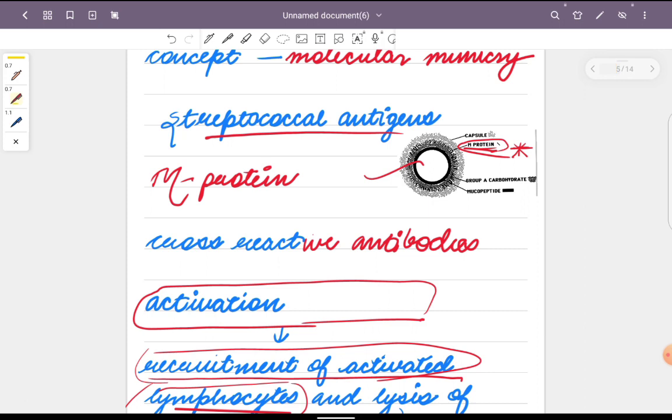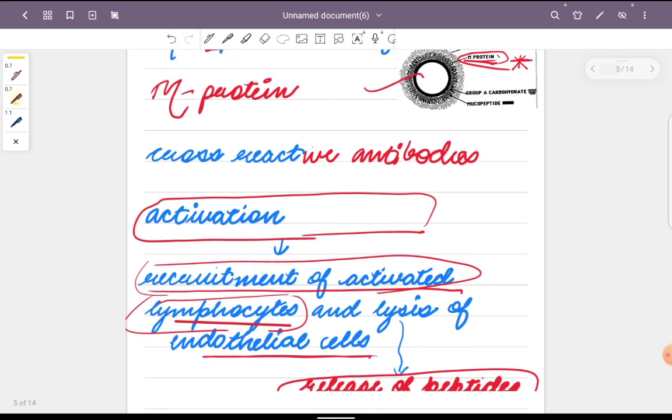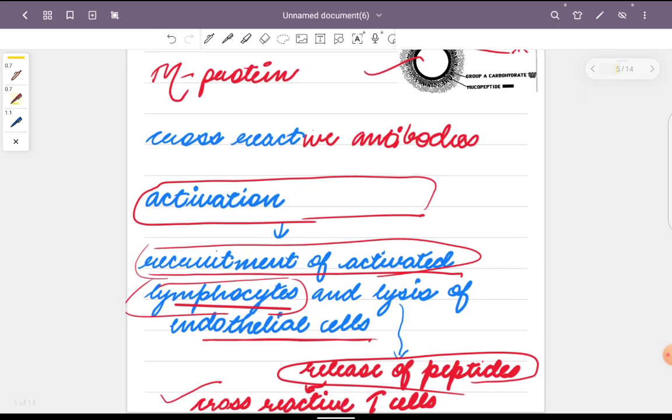Okay, so now what will happen is the cross-reactive antibodies will bind to the endothelial cells on the heart valve, which will lead to the activation of VCAM1. You can study this VCAM1, which is an adhesion molecule, in the inflammation chapter of the pathology books. Just go once through the book and you can learn about the VCAM molecule.